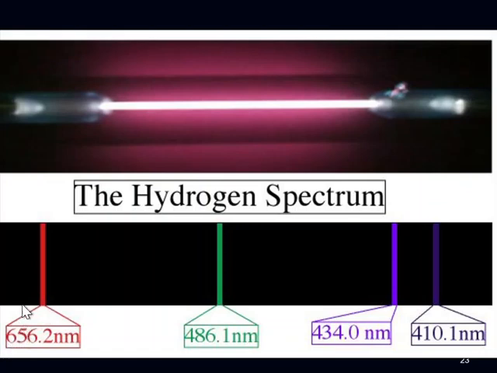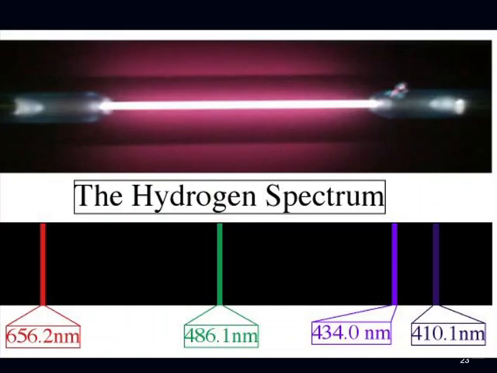And that red band always appears at 656.2 nanometers. The green is 486.1 nanometers, the blue 434, and then the violet 410. Those are where you always find these bands.